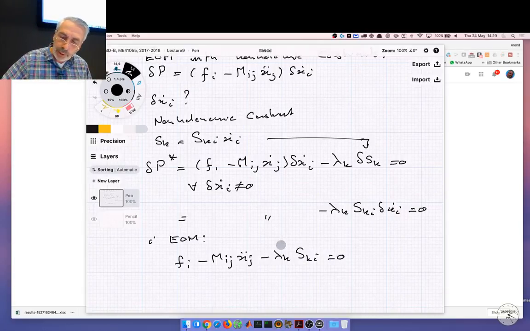And you nicely see that those non-holonomic constraints again pop up in the equation of motion by means of the Lagrangian multiplier. You can even identify what this is, because if these are speeds and this is power, then this should be a force, because force times speed is power. So this is clearly a constraint force.